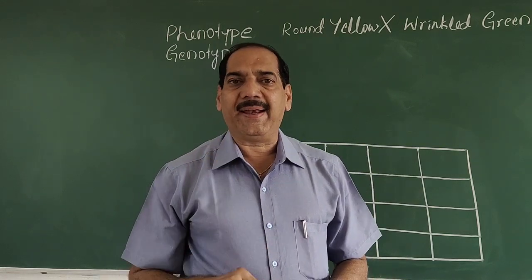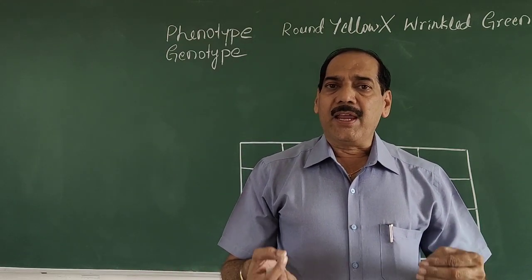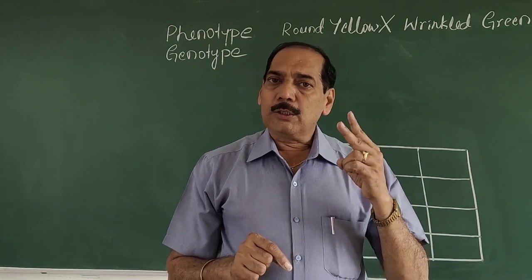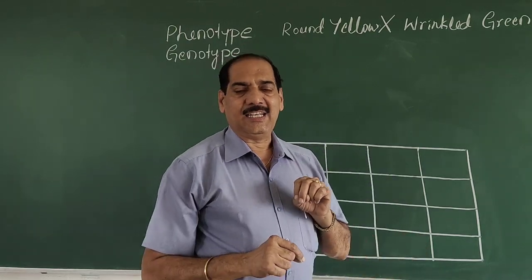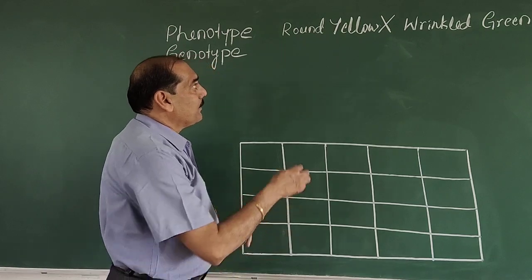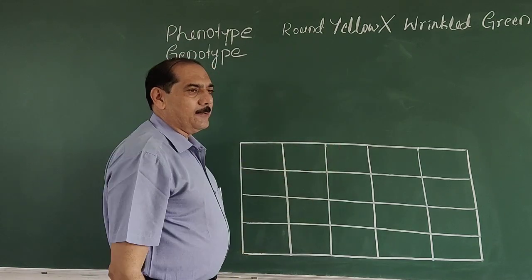One is the male parent, another one is the female parent. That's why every individual has two alleles for one character in their chromosomes. That's why we have to take two letters here for round yellow, wrinkled green.